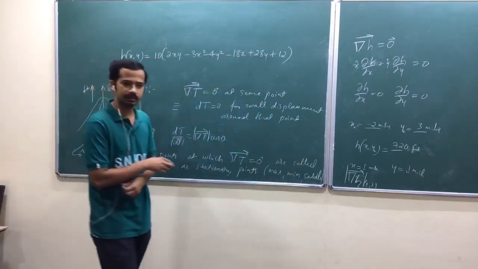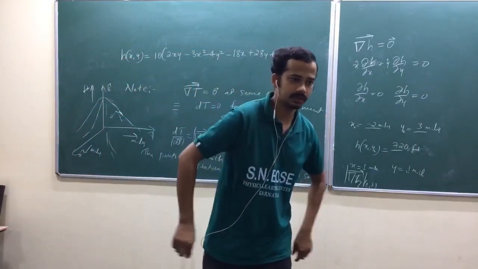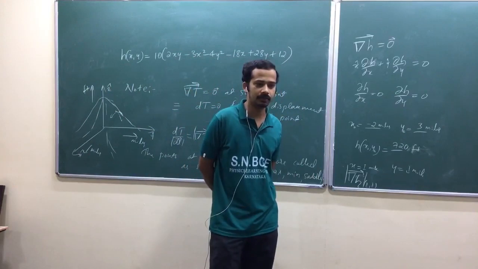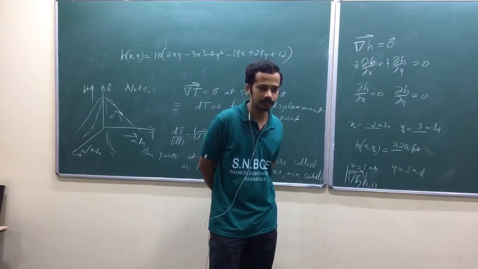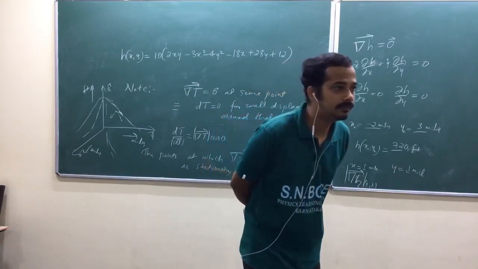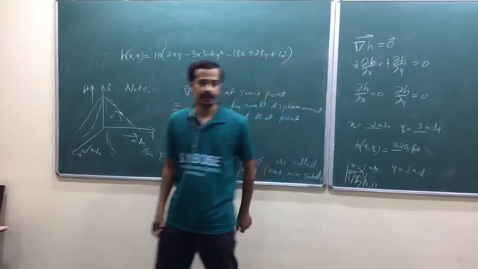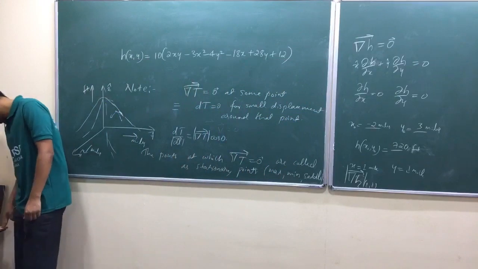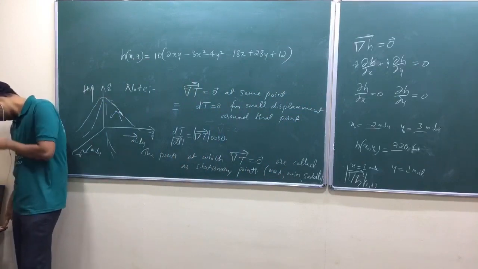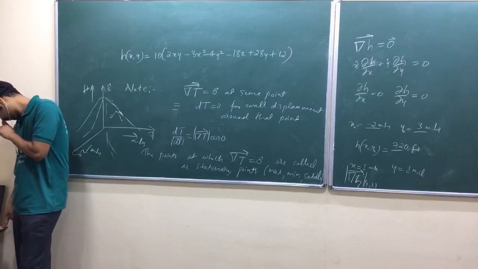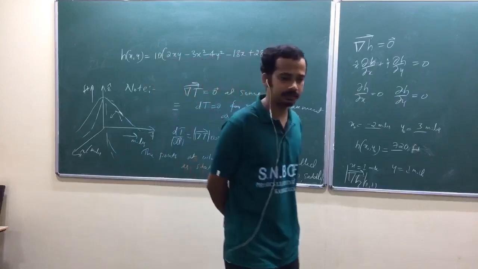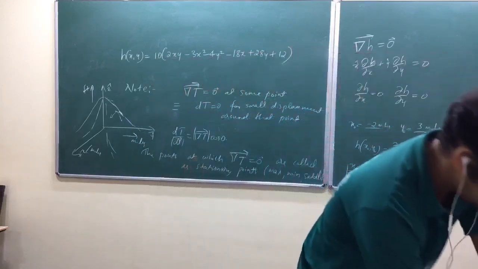He has taken the directional derivative, in which direction? x cap plus y cap by root 2. So he has taken the directional derivative with x cap plus y cap by root 2.